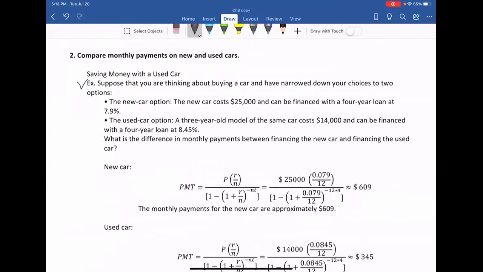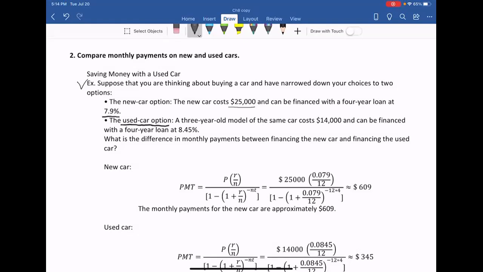choices to 2 options. A new car option. The new car costs $25,000 and can be financed with a 4-year loan at a rate of 7.9%. Another option is the used car option.